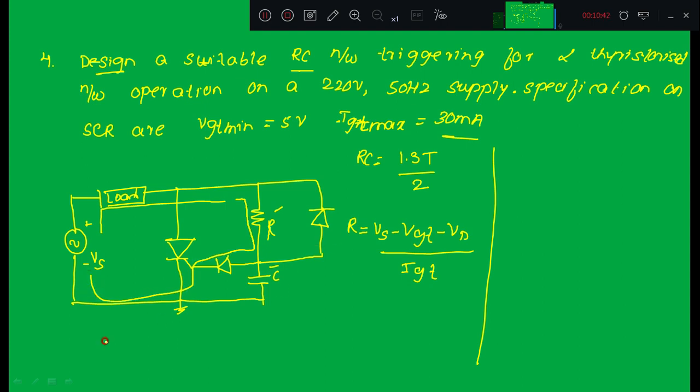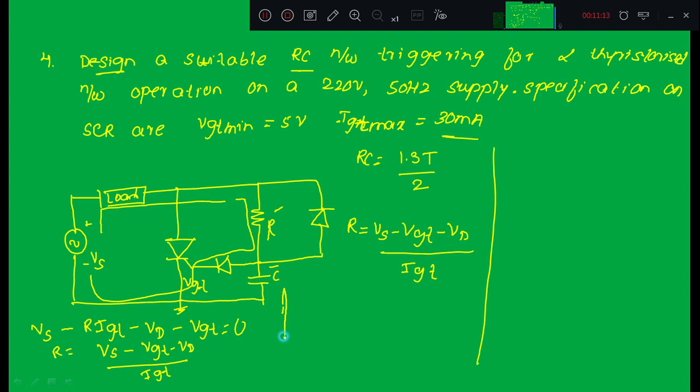Actually, Vs and then minus R into Igt minus Vd minus, the voltage at this point is Vgt, equal to 0. This is KVL. From here if I find R, it is given as Vs minus Vgt minus Vd divided by Igt. This is how we get this R formula.